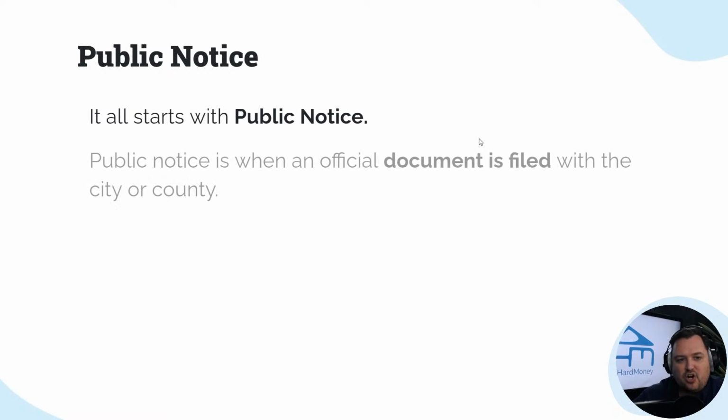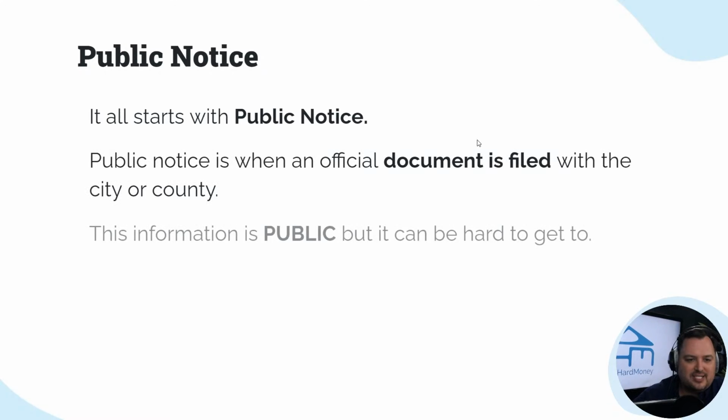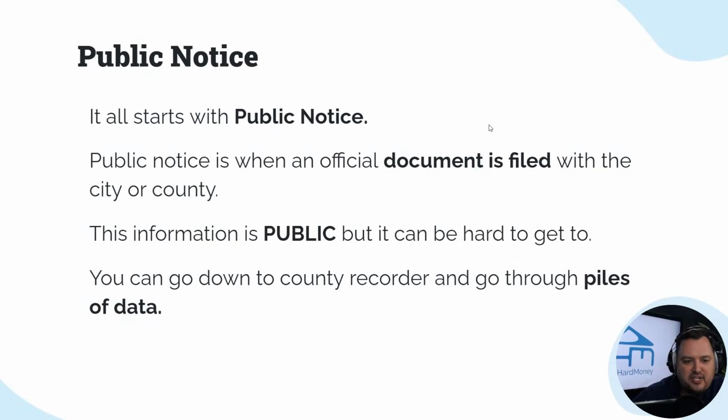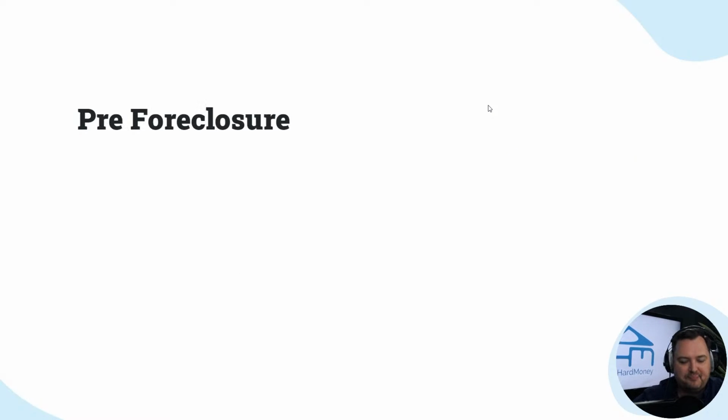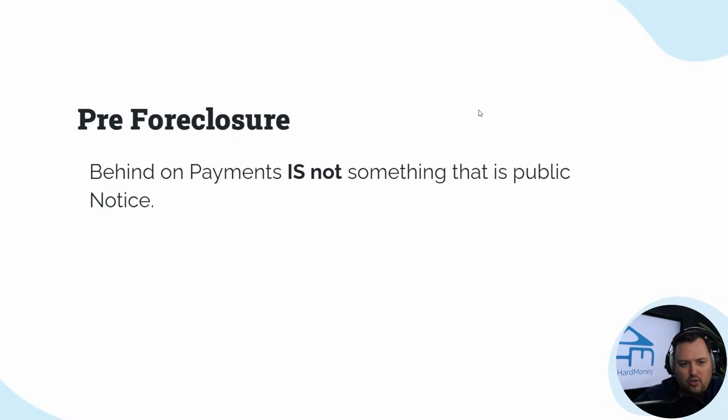Public notices. It starts with public notices. A public notice is when an official document is filed with the city or the county. This information is public. So if somebody's getting foreclosed on, this isn't a secret. It's public information. You can go down to the county recorder, you can go through piles of data, and you can actually find it. Or you can use Investor's Edge, and I'll show you a little bit about this in a minute. Then you get into the pre-foreclosure.